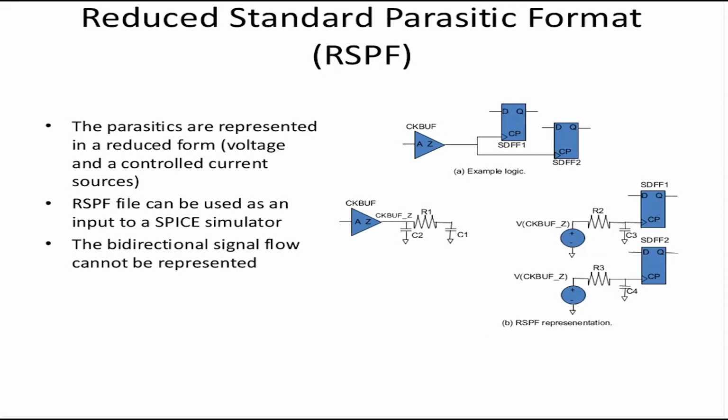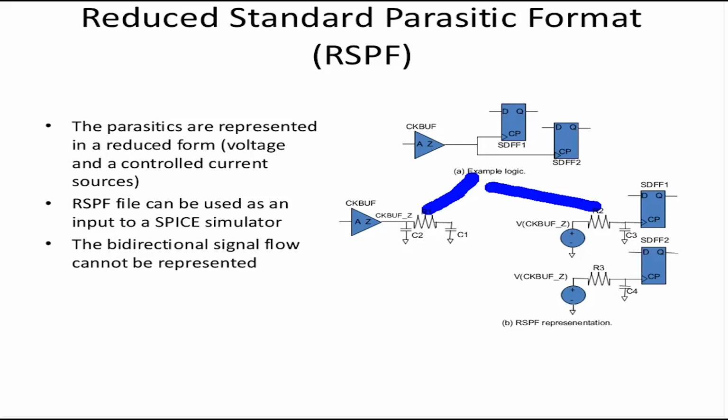On the other end of the spectrum is the reduced standard parasitic format, RSPF. In case of RSPF, the parasitics are represented in reduced form. So what is reduced? Not every node is represented. For example, take a look at this design where a CK buffer is driving two flops. In this case, it will be split into two parts, 1 and 2. The first part is called the driver model. A driver will be represented by, let's say, a pi model, and then the receivers will be represented again by R and C values.